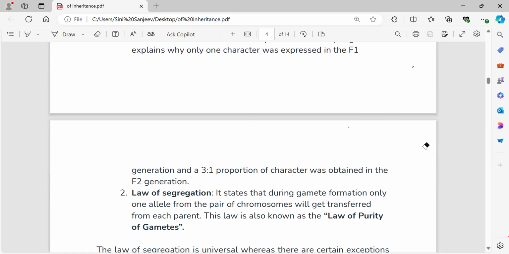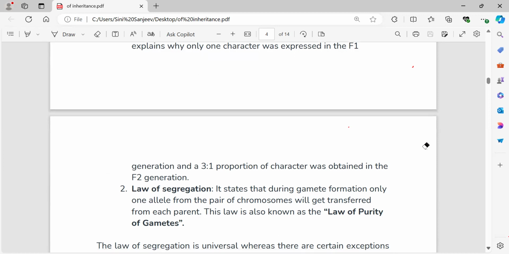If you take two parents' chromosomes, from that only one character will get transferred to that offspring from each of the parents. Hence, whatever genes or gametes you're going to get will be in the pure form. Okay, so hence this law of segregation is also called the law of purity of gametes. Okay, and it's also basically the universal law.